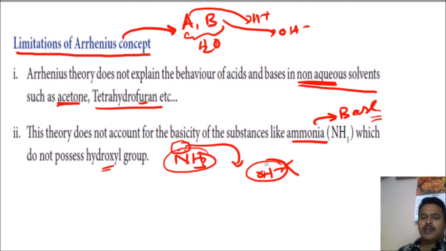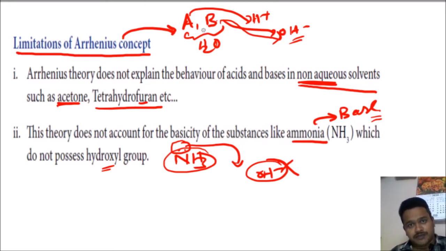According to Arrhenius, only a substance that can donate OH minus is a base. According to Arrhenius, NH3 is not a base, but really NH3 is a base. That fact cannot be explained by Arrhenius, so it is one of the limitations.